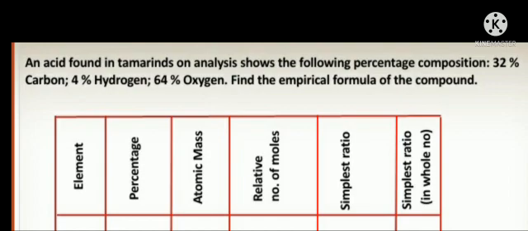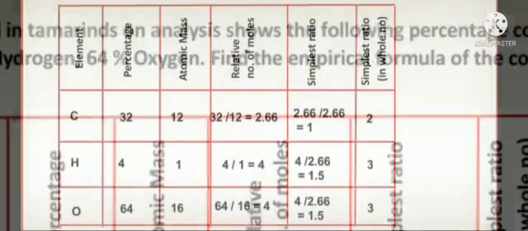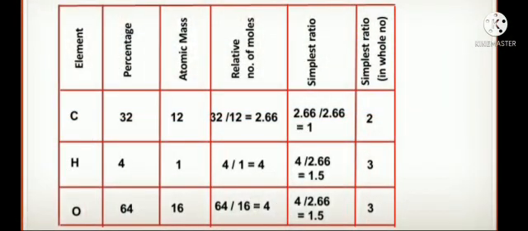The fourth column contains relative number of moles. The fifth column contains simplest ratio. The last column contains simplest ratio in whole number. This tabular column gives the determination of empirical formula using given data.